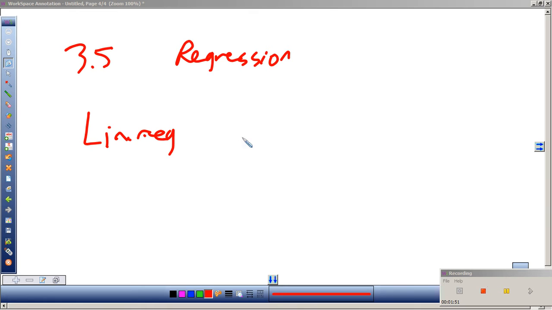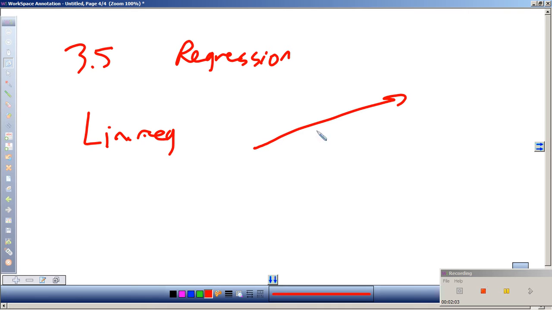What is a linear regression going to create? A line. So if your data in the scatter plot is in a straight line, we do a linear regression. If your points look something like that, you probably want to do a linear regression.